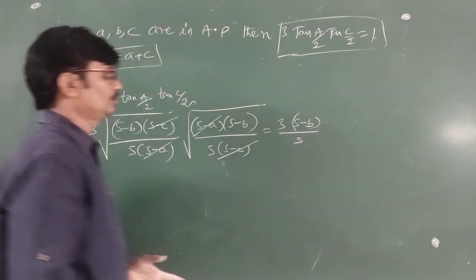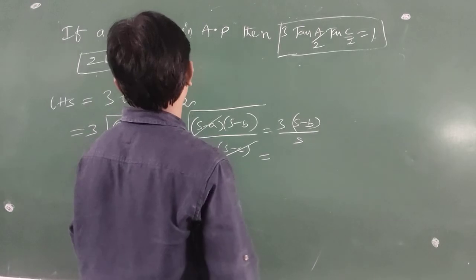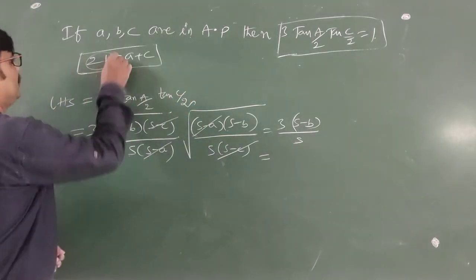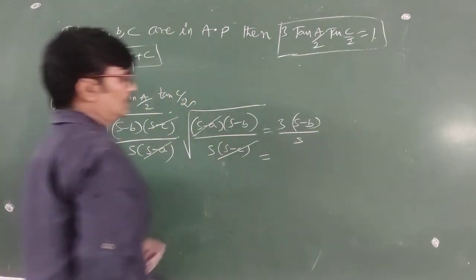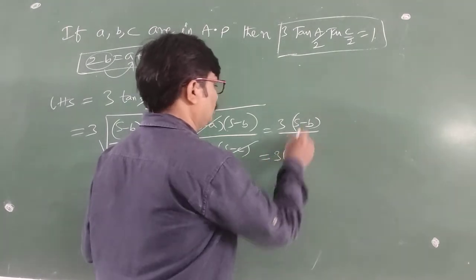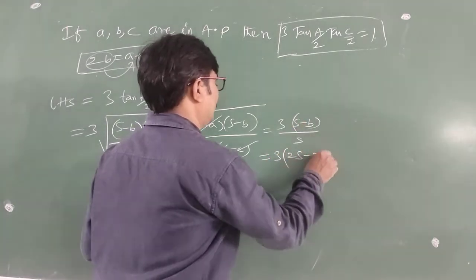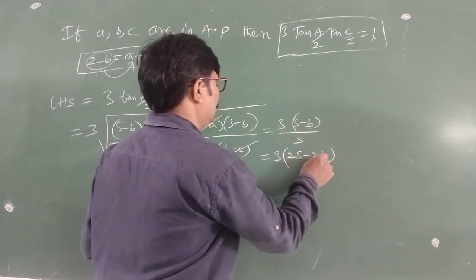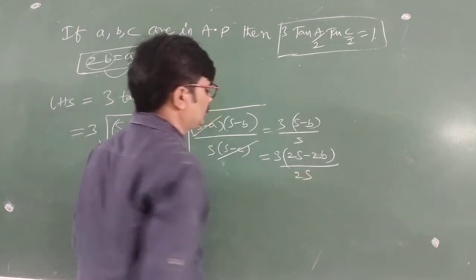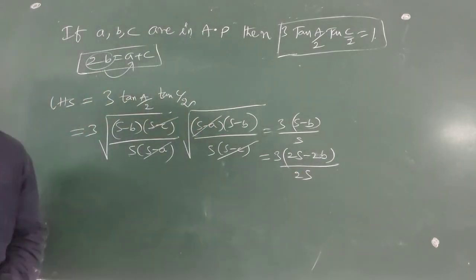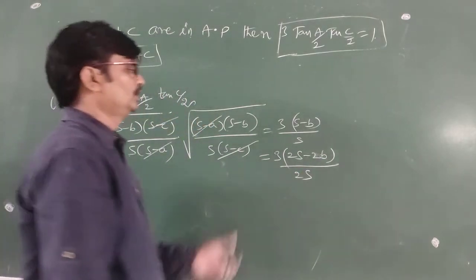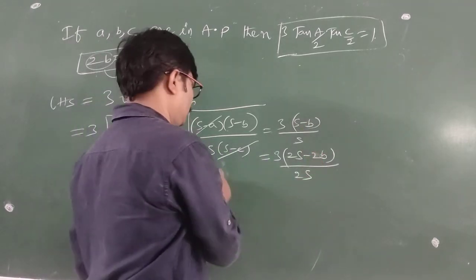Now students, we can take it as what is given, that 2B equals A plus C. Now students, 3 into 2S minus 2B upon 2S. Both in the numerator and denominator we have to take into 2, that is 2S minus 2B by 2S.